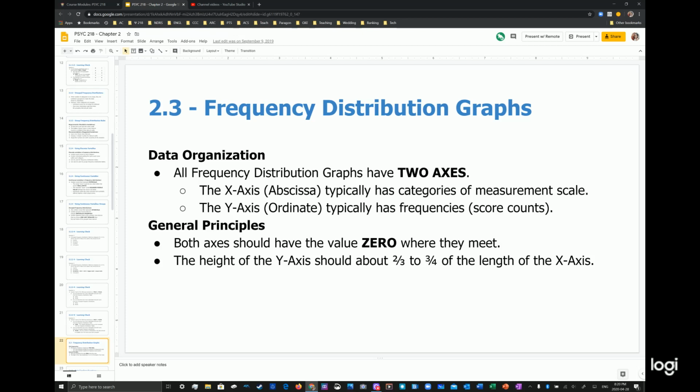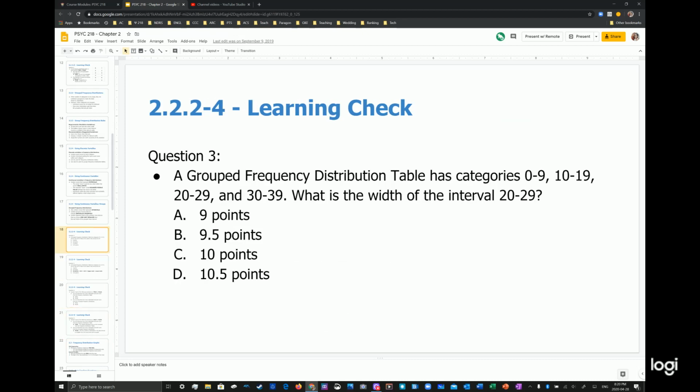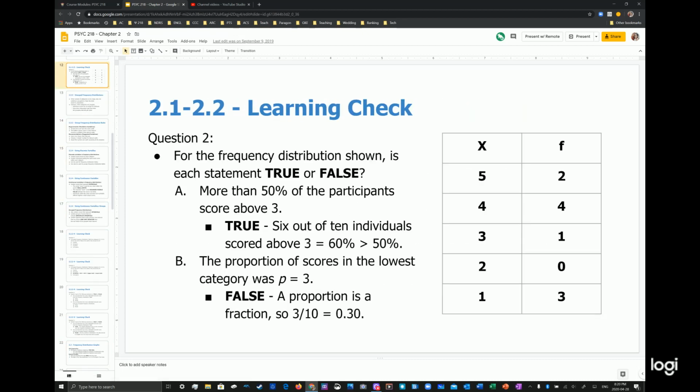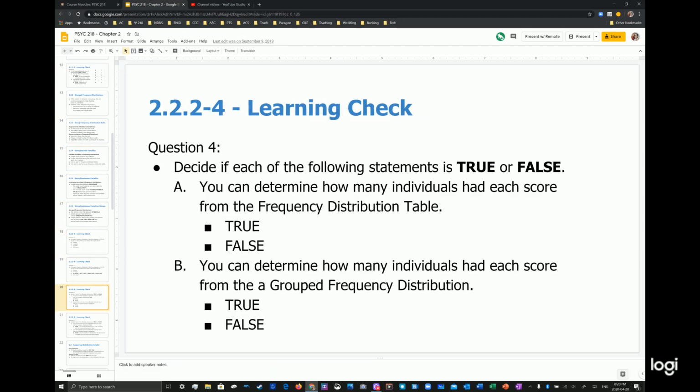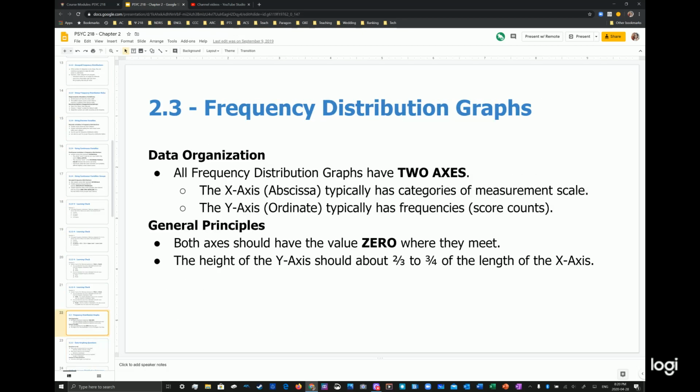If you have worked with frequency distributions, something as simple as how many people scored 1, 2, 3, 4, 5, or answer questions like how many people got A's, B's, C's, D's, and F's in the class, we can also graph that information.